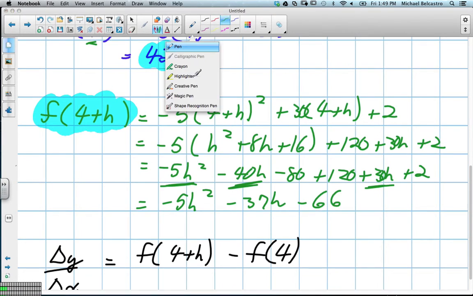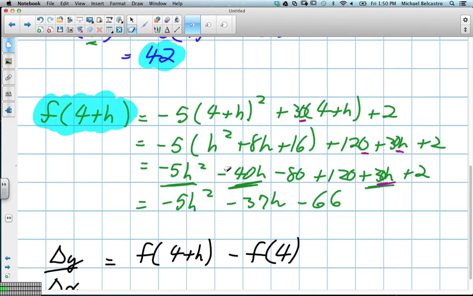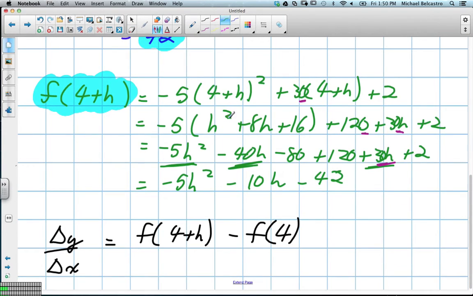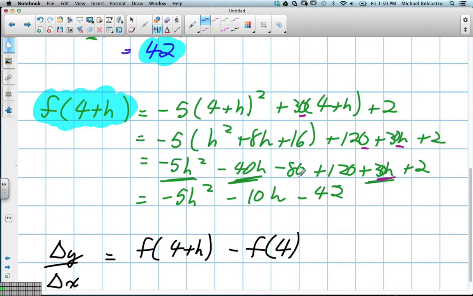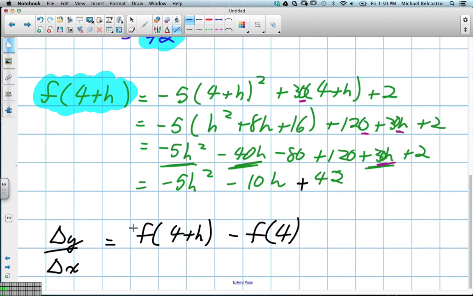We briefly looked through it and discovered that this shouldn't have been 3 but 30, which changed this to 30 and this to 120, which then made our middle term negative 10. And it makes our final term positive 42. Like we said, we need this value to be 42, and as we go through this we'll talk about exactly why.